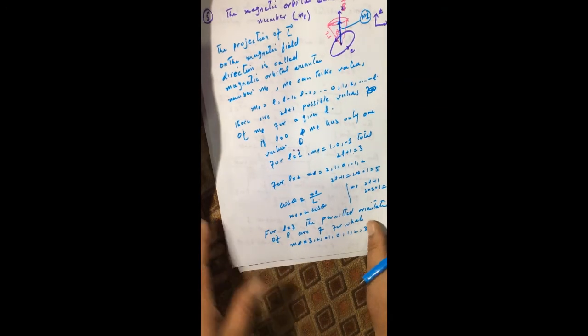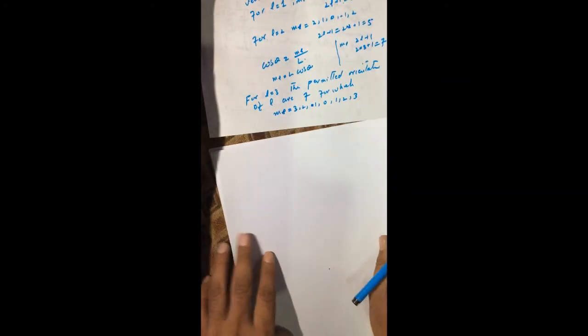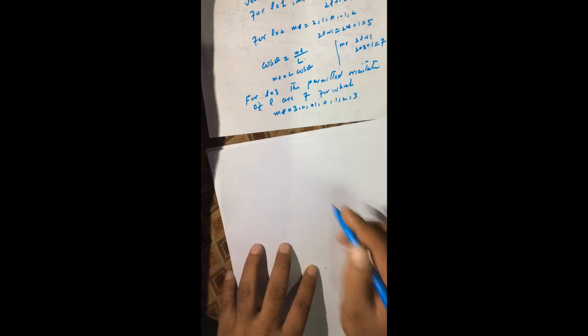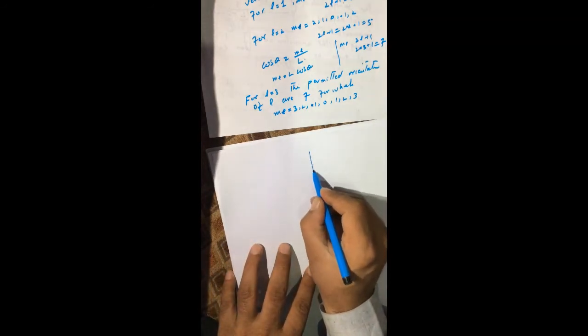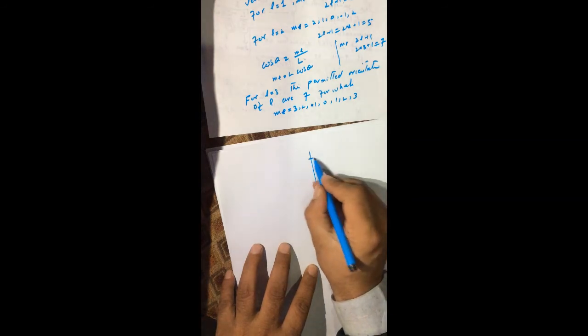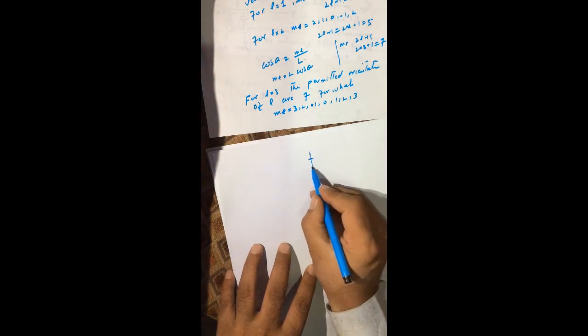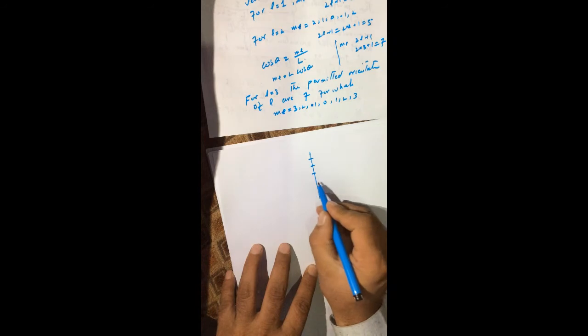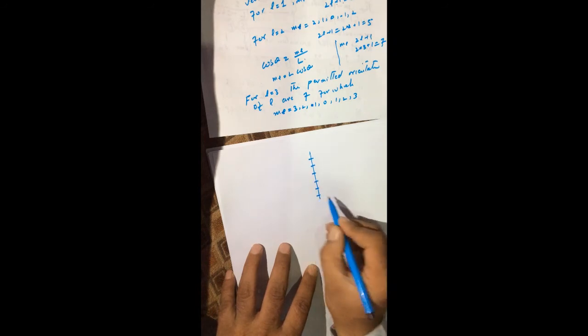Now we will define the permitted orientations. Suppose this is the magnetic field direction. So we have 3, 2, 1, 0, minus 1, minus 2, minus 3.